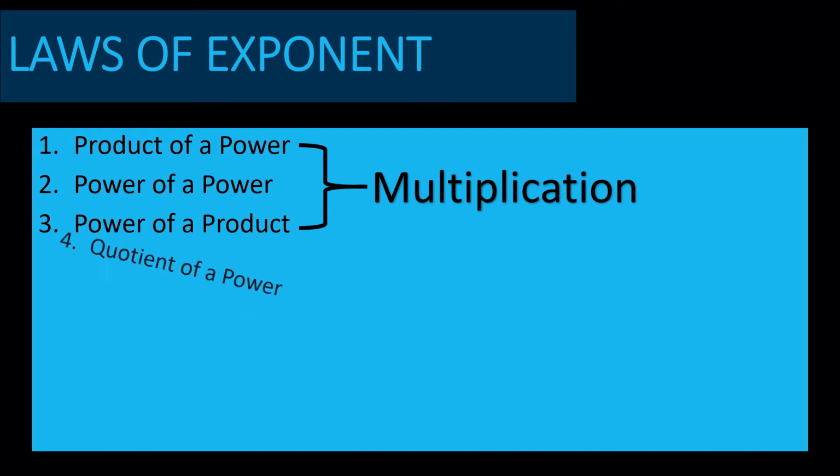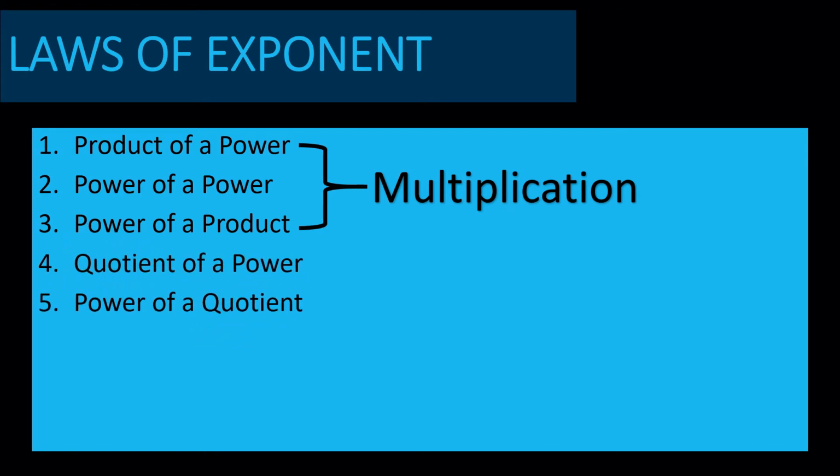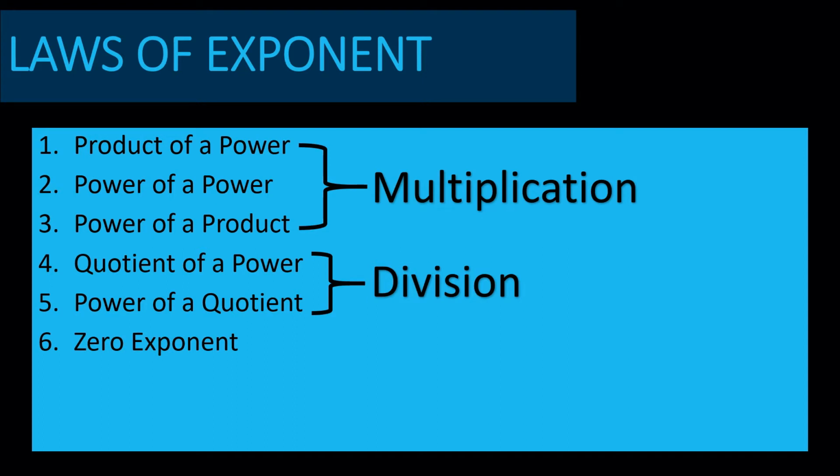And then for quotient of a power, power of a quotient, this is very useful when we are dealing with division of power expressions. We have other laws of exponent, the zero exponent, and then the negative exponent. So we are going to discuss each law of exponent one by one on the following slides.